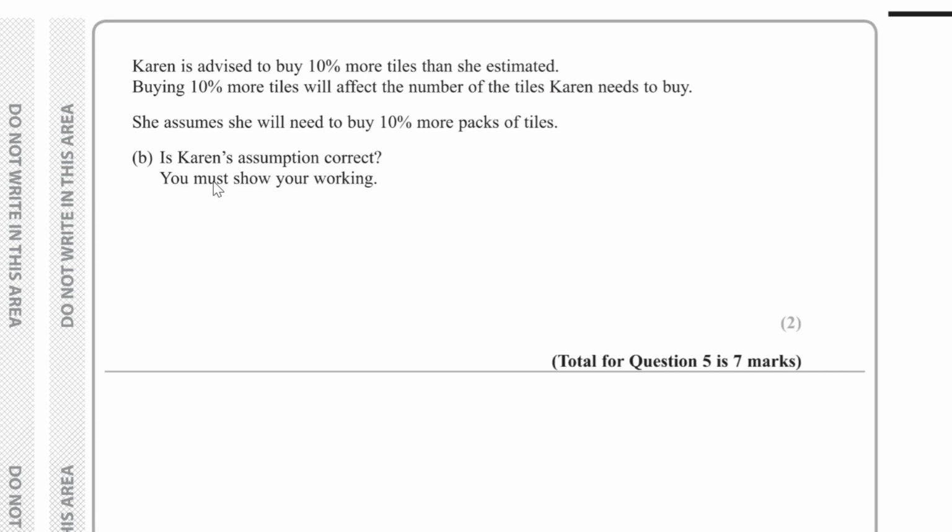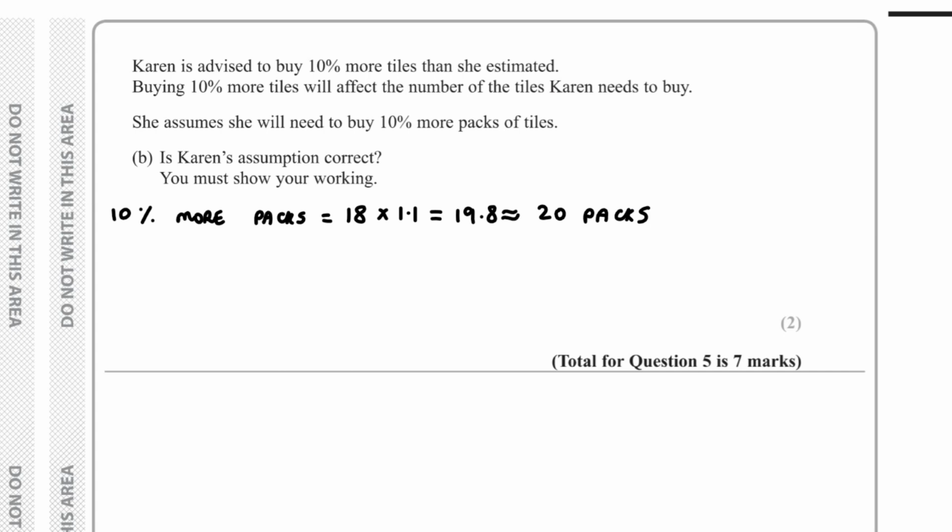Well, if we think about it, if we buy 10% more packs, means we need to multiply 18, which is the current number of packs she needs, by 1.1. So if we work this out, we get 19.8, which is approximately 20 packs.